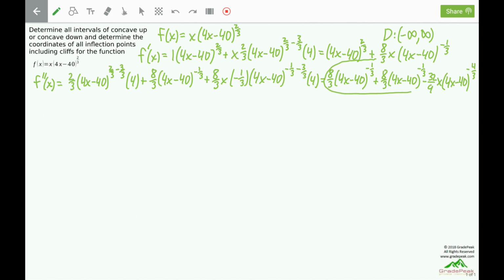The first and second terms can be combined with each other since the power of the 4x minus 40 is the same. We can just add the coefficients, 8/3 plus 8/3. They're already over a common denominator. 8 plus 8 is 16/3.